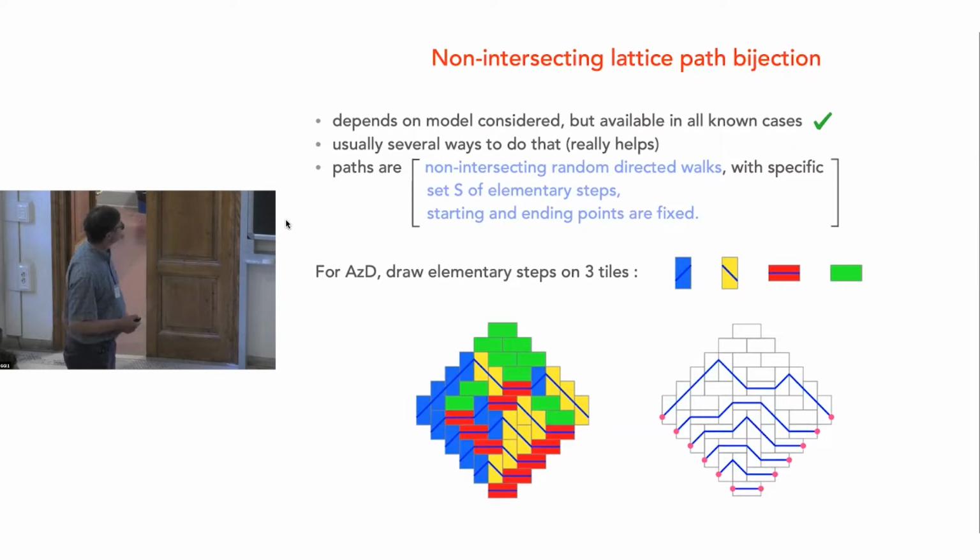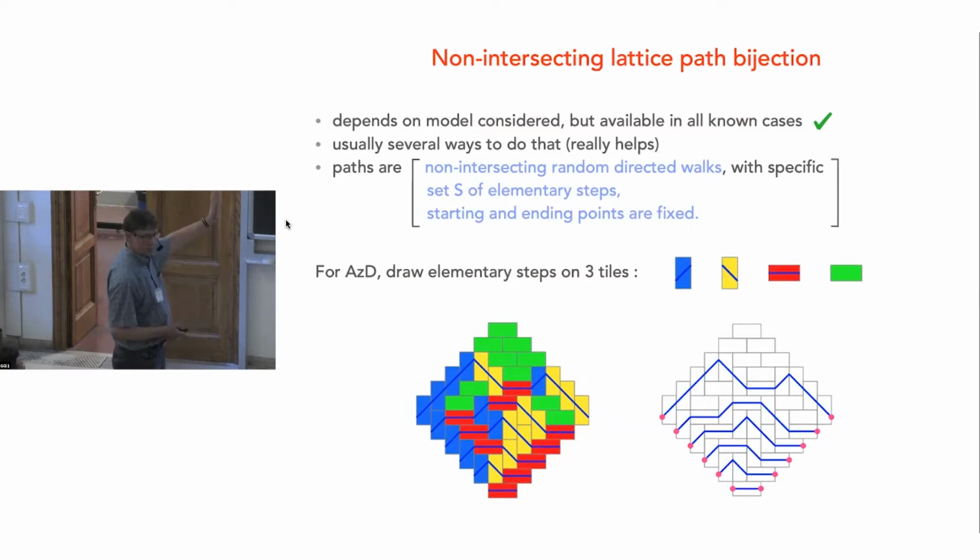And for Aztec diamonds, the description is well known. It is recalled here. For the 4 varieties of domino, you draw on the blue ones a diagonal step upwards. On the yellow ones, you draw a diagonal step downwards, a level step on the red ones, and no step at all on the green ones. And you end up with this kind of description.